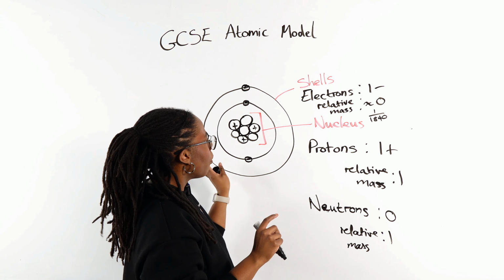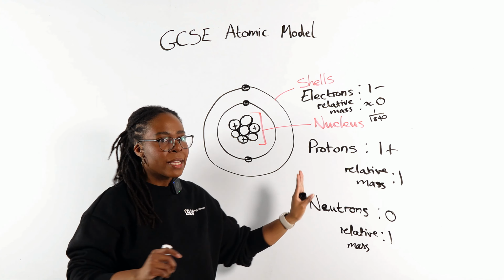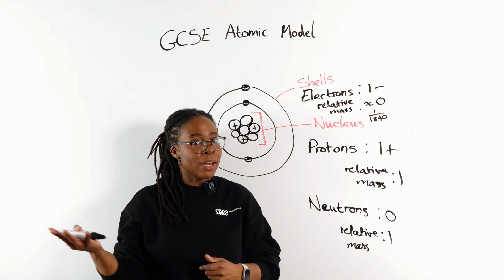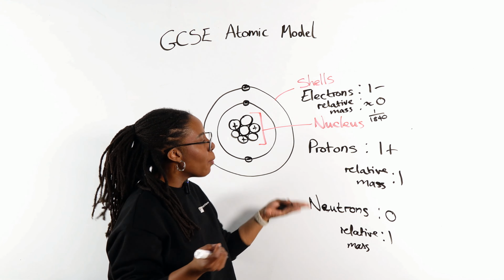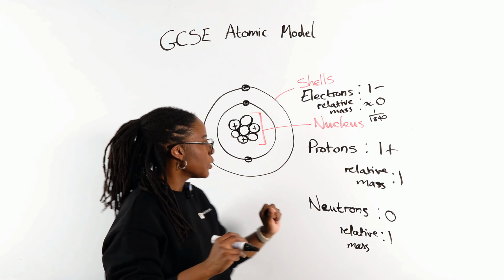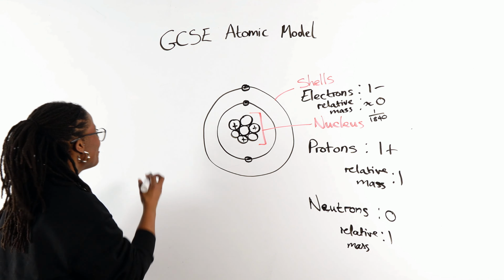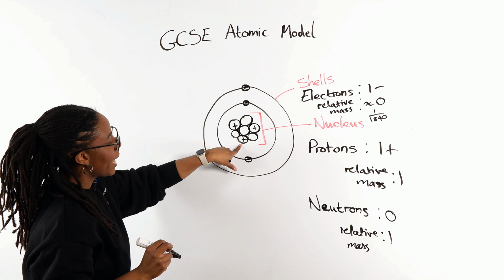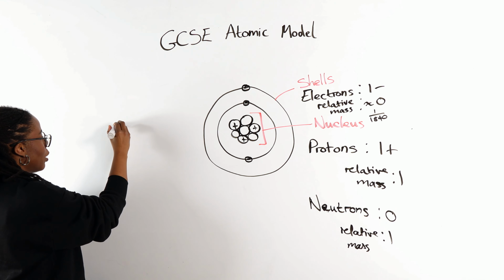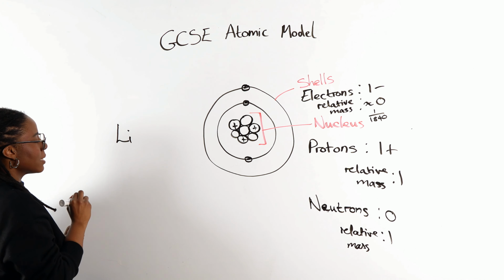Okay, so how does this model link to our atomic notation? How do we know for each element in the periodic table how many protons, how many neutrons, and how many electrons there are? So let's move over here. I'm going to stick with this element. This is lithium, and I know that from the number of protons. So lithium, that's our symbol.